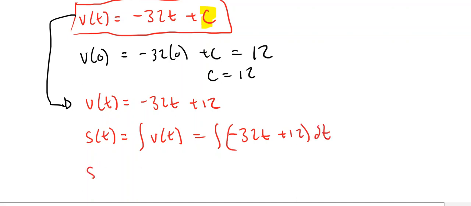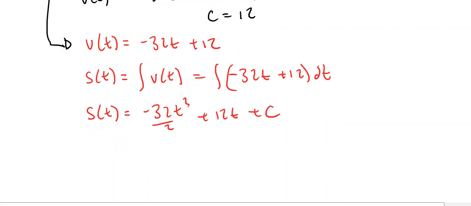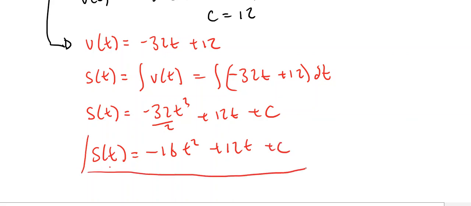So the position function is going to be negative 32t squared divided by 2 plus 12t plus c. And so that becomes negative 16t squared plus 12t plus c. Now this is my position function, but once again, I need to find what c is equal to.